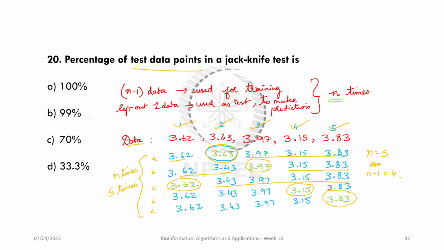Therefore, when you do a jackknife test with n minus 1 data as the training set and one data point as the test to make a prediction, and repeat for n times, the percentage of test data points will be 100%.